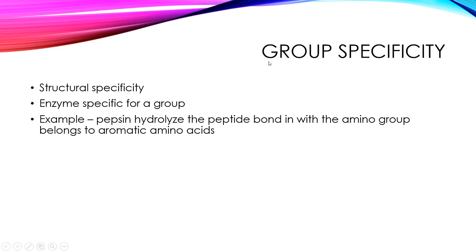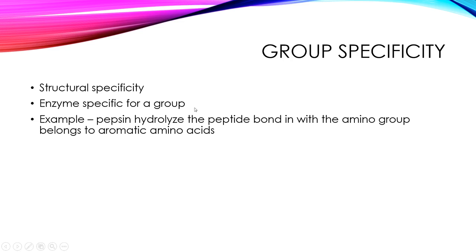Okay, there is another term, which is group specificity. Group specificity is very important. It is also called the structural specificity, and here the enzyme is specific for a group.